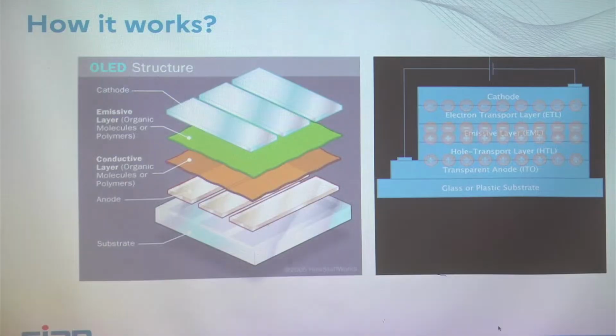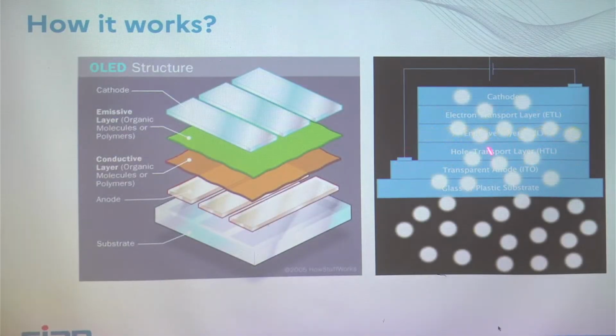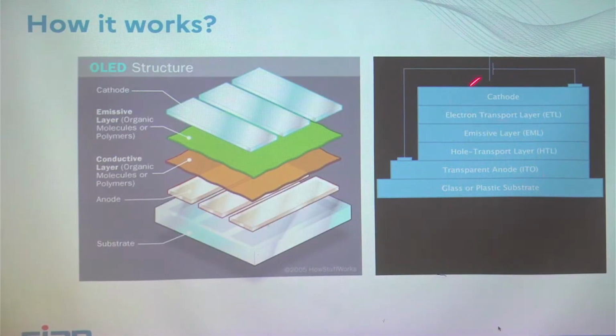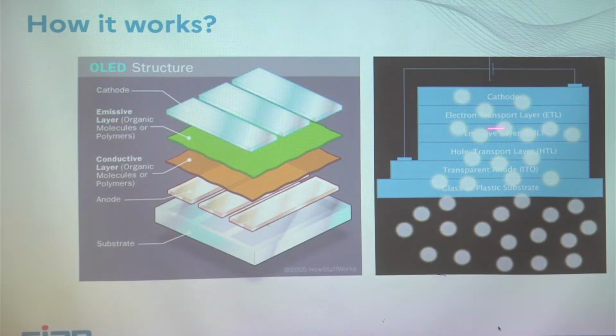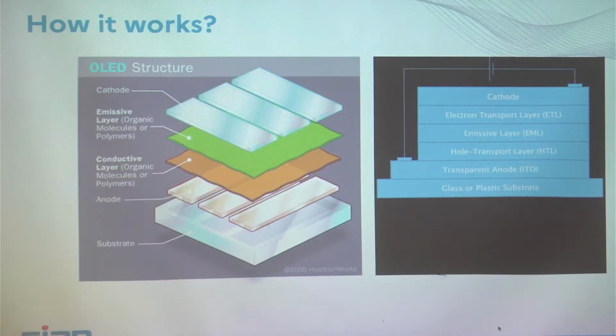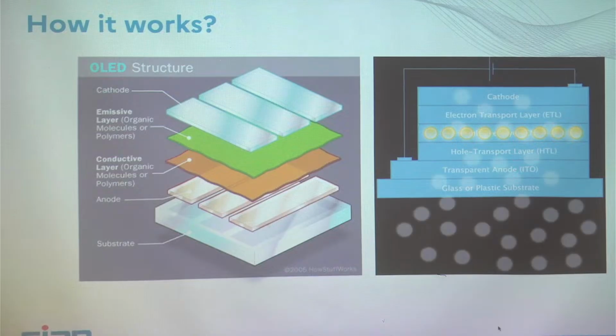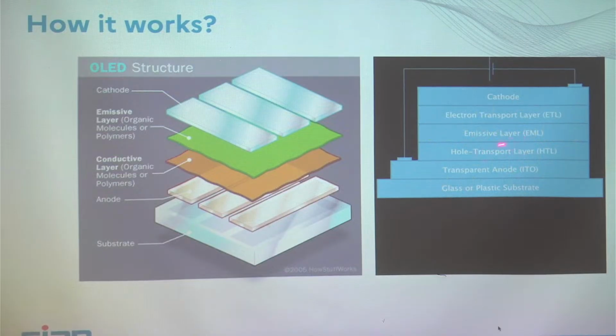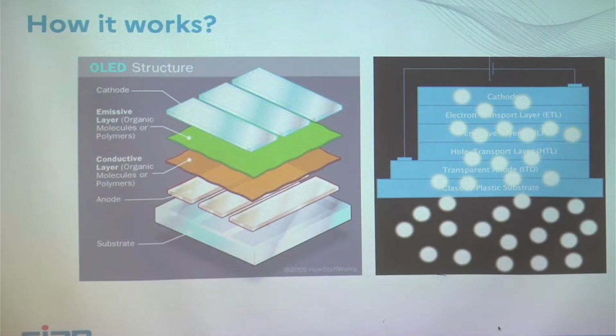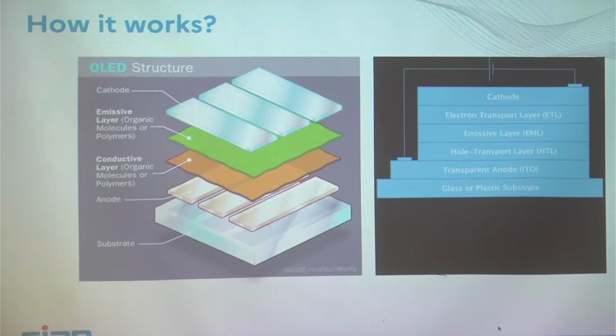And here is the way that it works. You have the cathode, you inject electrons here, then you have a plastic layer that allows the electrons to go in one direction. You have an emissive layer here, and from the other electrode you inject holes. You have a hole transport layer that allows the holes to arrive in the emitting layer, and in the emitting layer the holes will meet electrons.